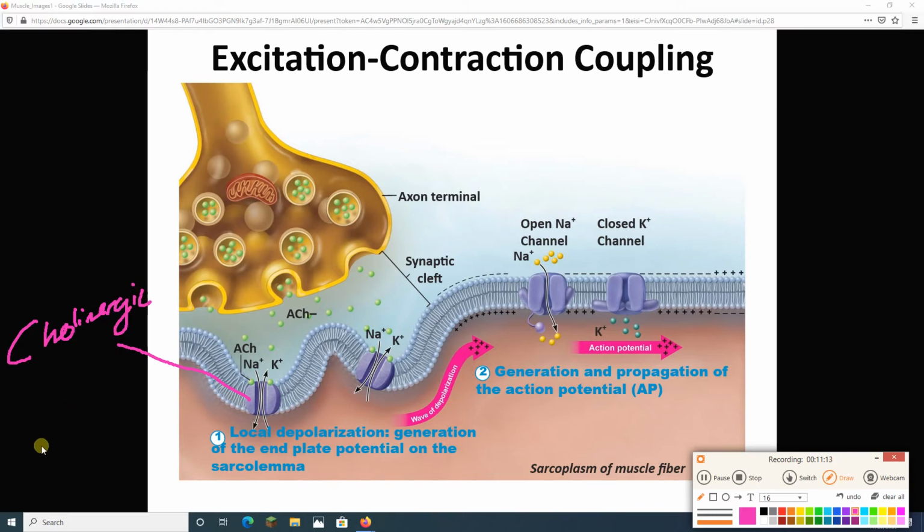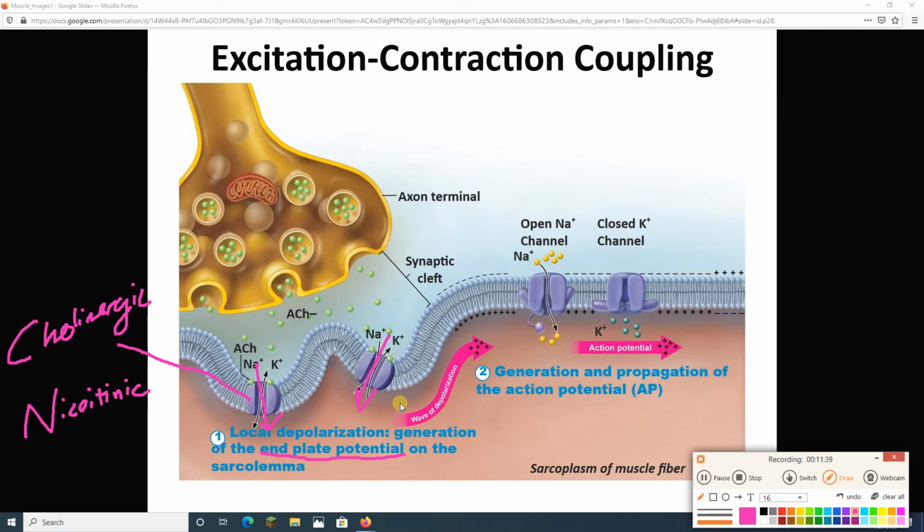Now, what type of cholinergic receptor is it? It is a nicotinic receptor. So that's a cholinergic nicotinic receptor. When acetylcholine binds to it, sodium is going to rush in, and we depolarize the motor end plate. We create what's called an end plate potential, which is basically a graded potential.